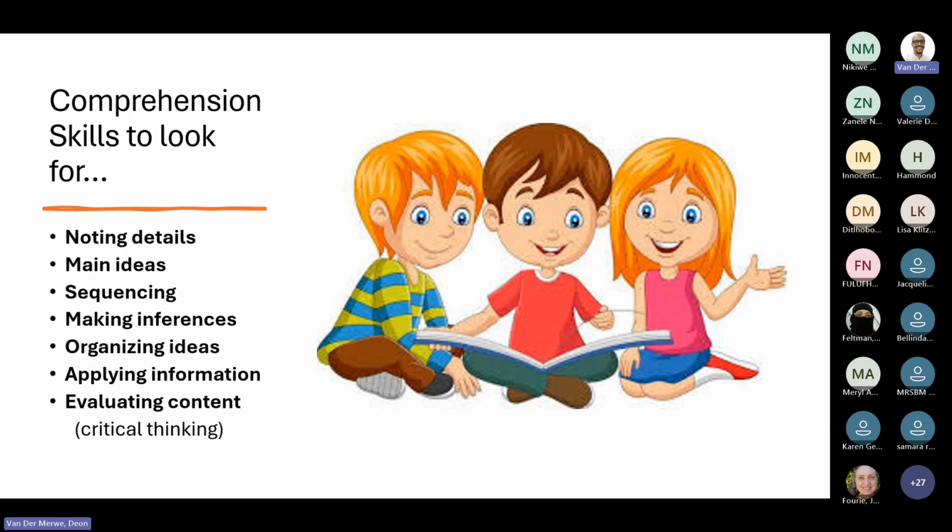And that can be done by breaking down reading comprehension into specific skills. And one of the skills is noting details, for example, where you pick out specific facts. Perhaps you're giving the learner an entire comprehension to read, and you can see that the learner is struggling.